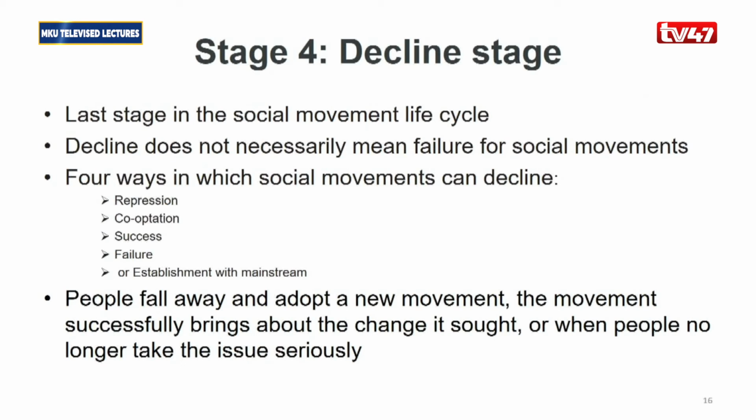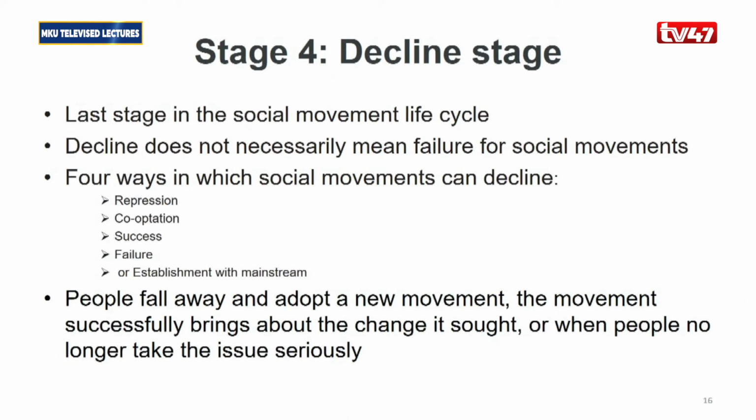So when you talk about decline, it does not necessarily mean that the social movement has failed, but it has progressed to the next level, either because the issue they were agitating for has been tackled, or the issue that they were addressing has been passed by time.